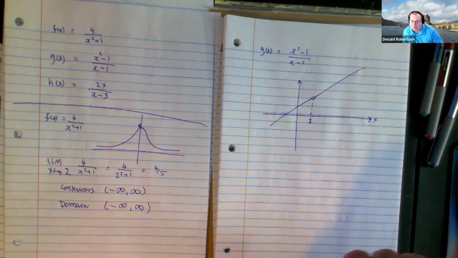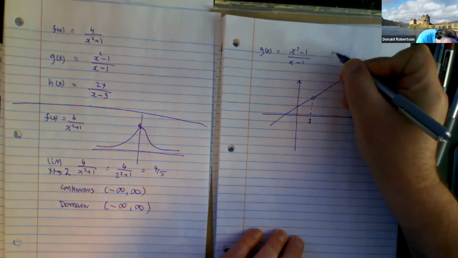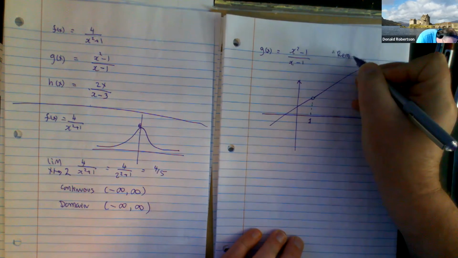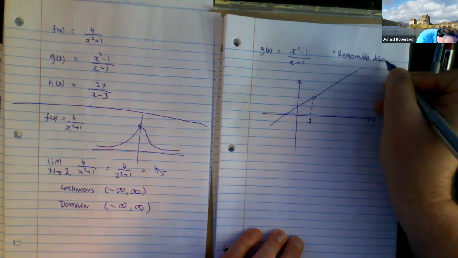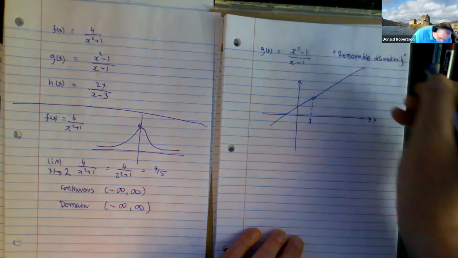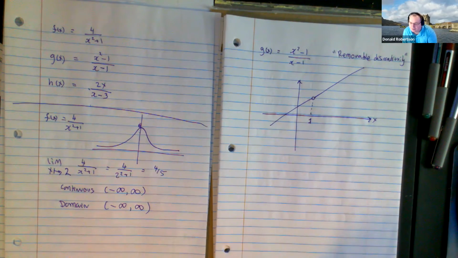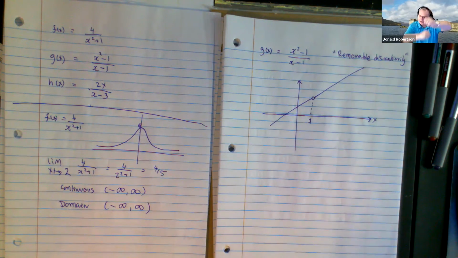The main issue with this type of rational function is that they have what's called a removable discontinuity. You remember yesterday talking about the 3 major types of discontinuity. There was a removable discontinuity. There was a jump discontinuity that you get with piecewise functions.